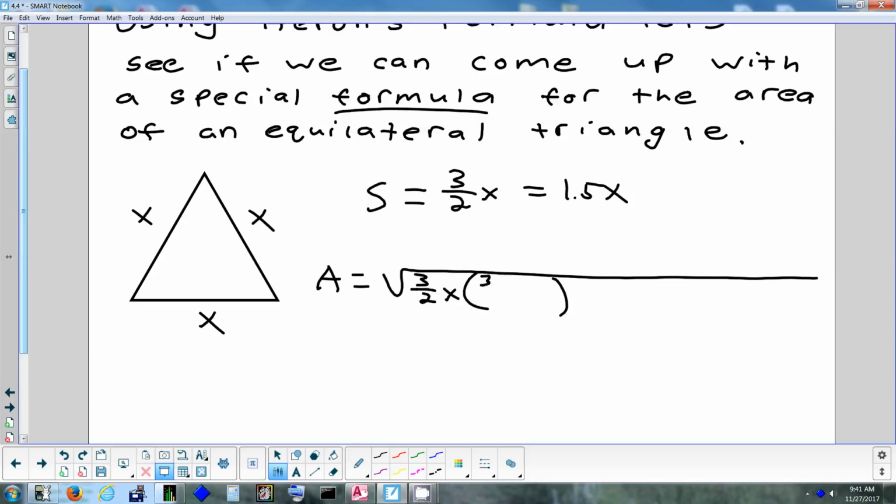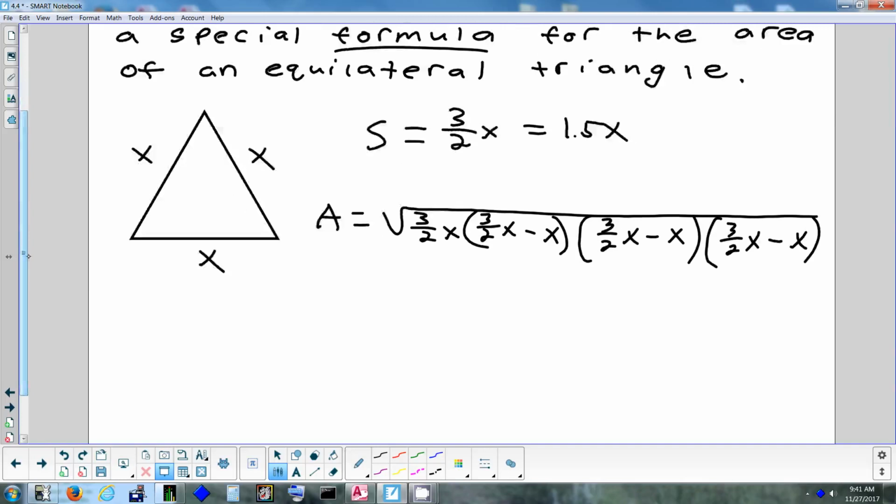Yep, exactly. 3 over 2 x. So S minus a side. And what would come next? Same thing again. 3 over 2 x minus a different side. And what would be next? Same thing again. 3 over 2 x minus a third side.